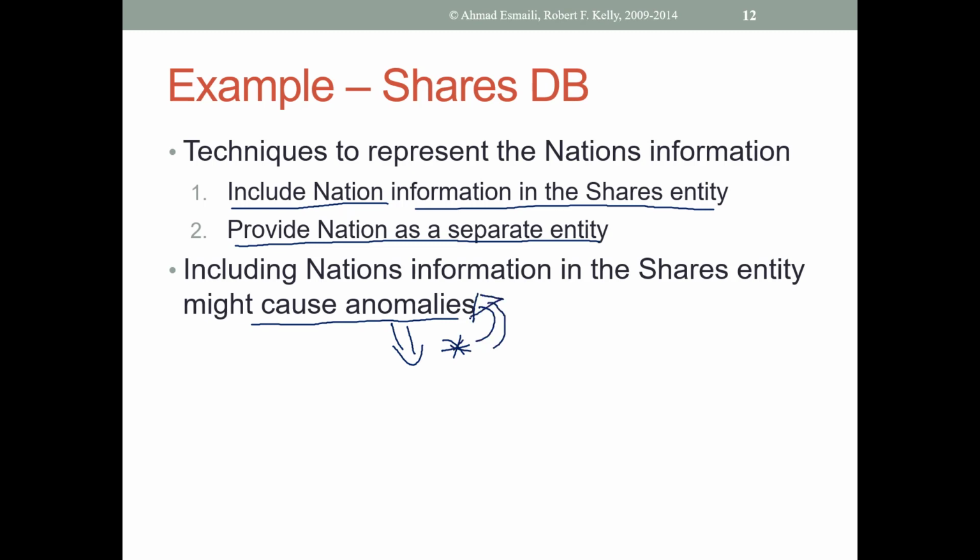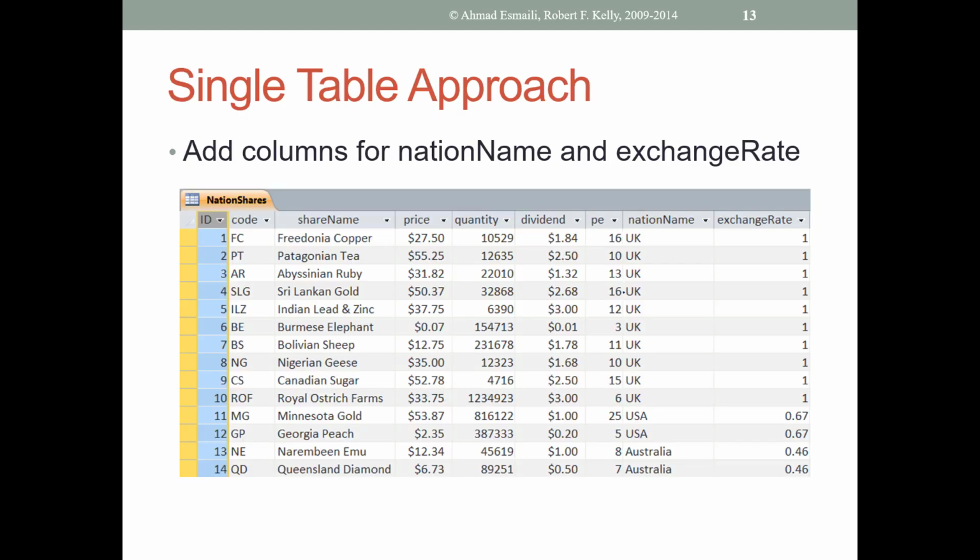Understanding of anomalies is very important in DBMS. So including nation's information in the shares entity will cause anomalies. So we should create two tables, one for nation, the other one for shares. Alright, so let's try to understand anomalies, because this is a very important concept.